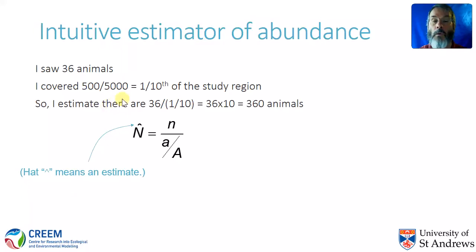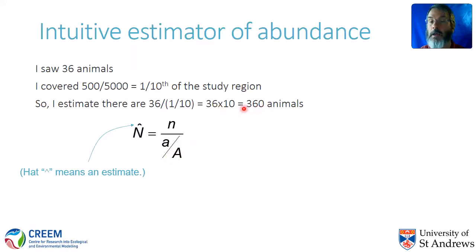So, assuming that the density of animals in the strips we visited is equivalent to the density of animals in the entire study area, we can use this simple formula that says take the number that we detected and divide it by the proportion of the study area we visited.